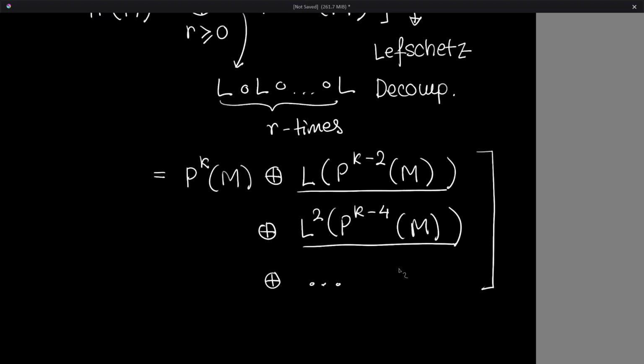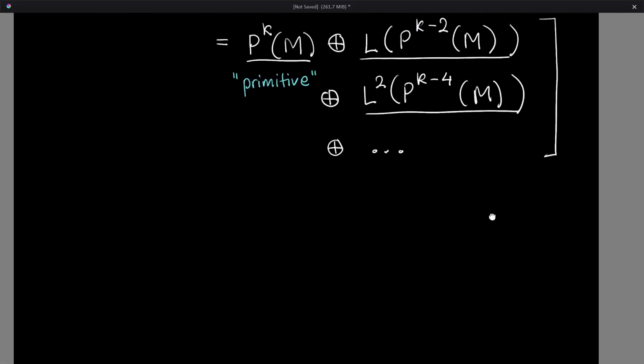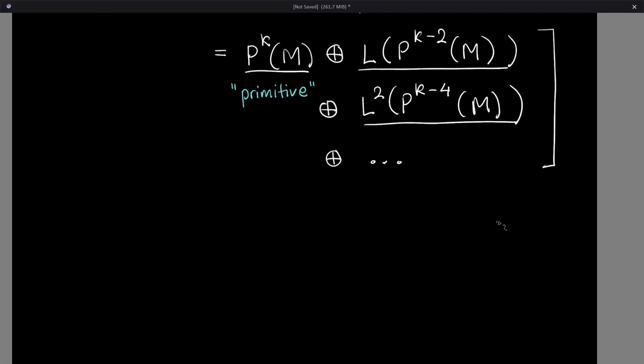So in some sense, the P^k forms are the ones that you can't get by wedging with omega some number of times. So these are, in that sense, primitive. And that is why we have this idea of them being like the prime numbers of the cohomology group. So there is in fact a secret SL2C representation here, which is really interesting.